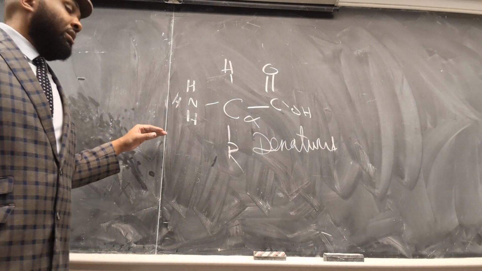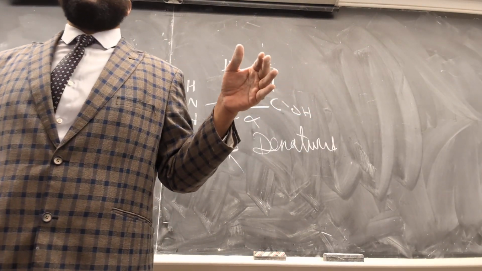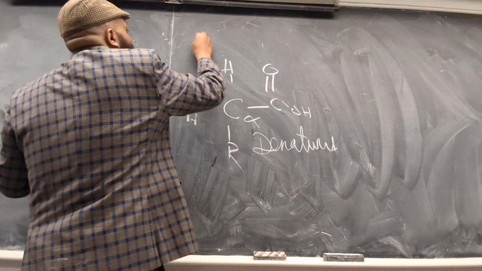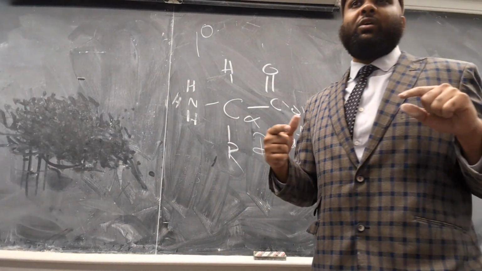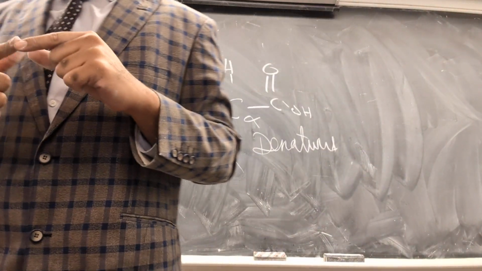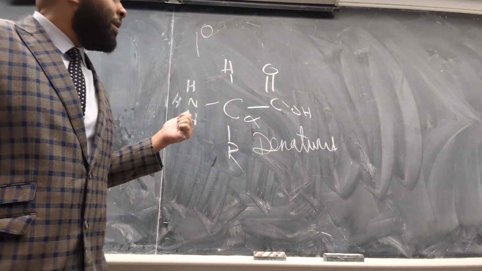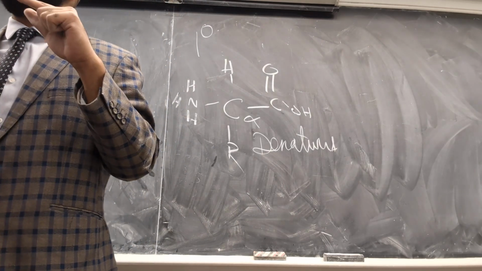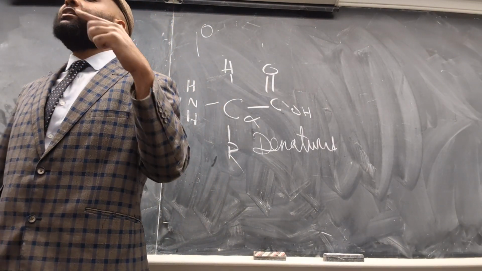So when the amino acid sequence comes out of the ribosome, it is a primary sequence, first degree, just a string of amino acids connected by peptide bond. But the problem is, they're going to start folding, making an alpha helix, making a beta sheet based on hydrogen bonding.